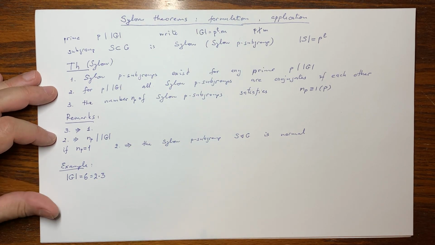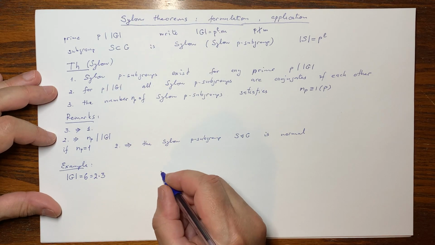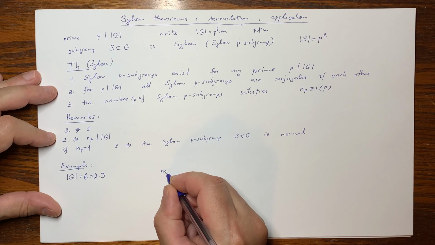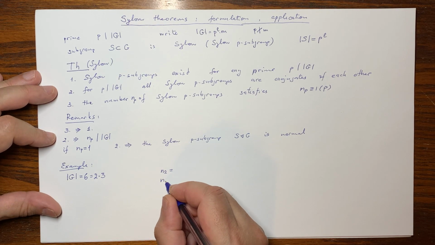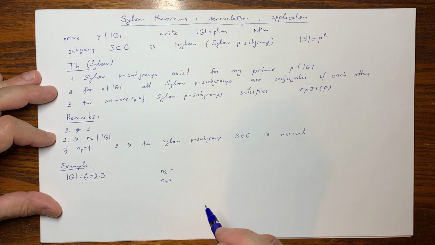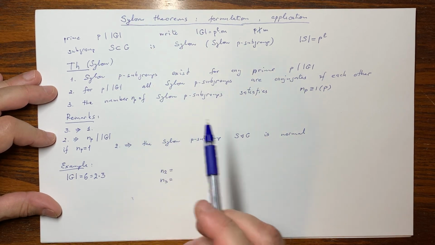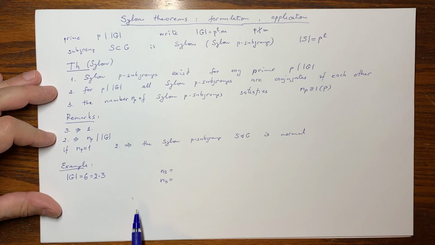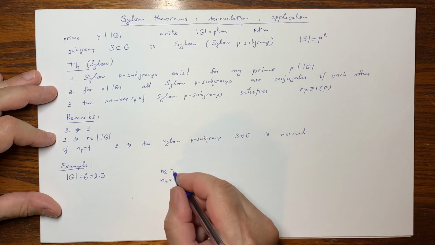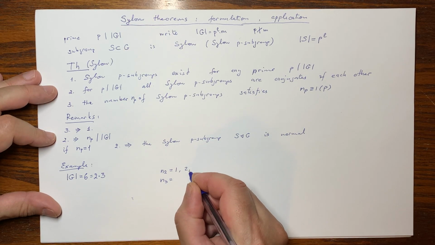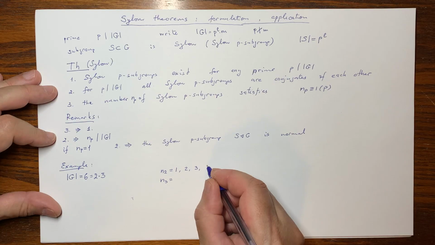So let's look at what Sylow theorems say first about the numbers of Sylow 2 and 3 subgroups. Theorem number 2 says that these numbers have to be divisors of the order, and this order, being a product of just two primes, has only 4 divisors, namely 1, 2, 3, and 6.